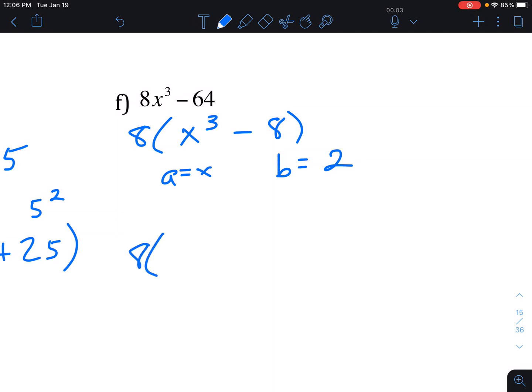So bring down your a, then you have a minus b. Then you have a squared plus a times b, so x times 2 is 2x. And then plus b squared, so that's 2 squared, which is 4.